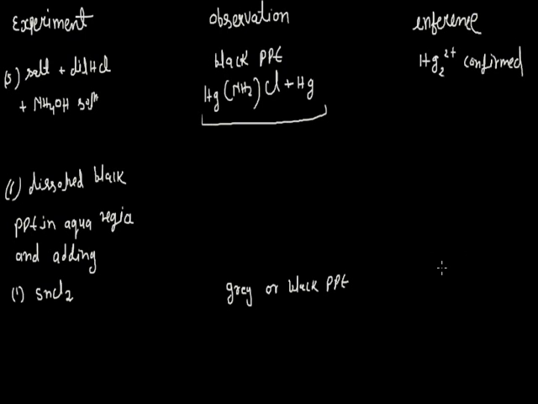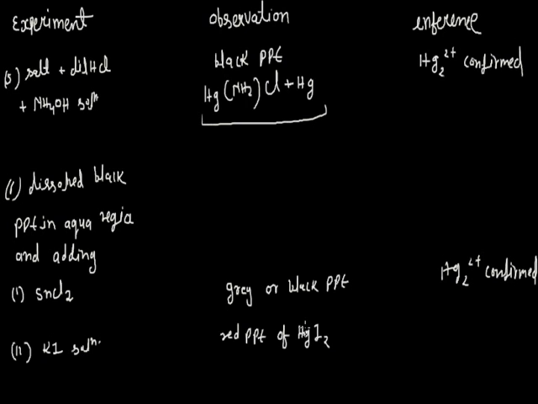So we can say that Hg2 2+ mercurous is confirmed, and in the second part if we are adding KI solution, then we are having the red precipitate of HgI2, which is soluble in excess of KI due to the formation of K2HgI4, and this indicates the Hg2+ confirmed.